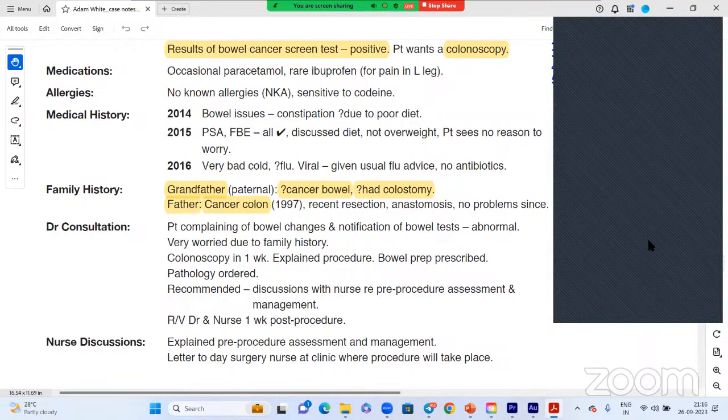This is the best sentence you can write. Or you can say, refraining from alcohol and smoking cessation have been recommended. Like that also you can write.